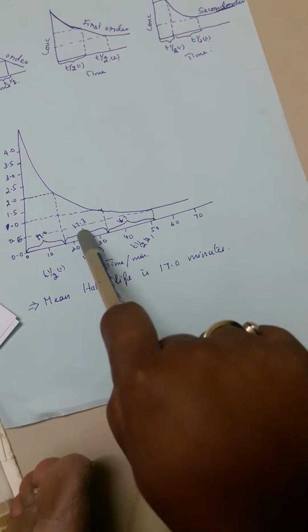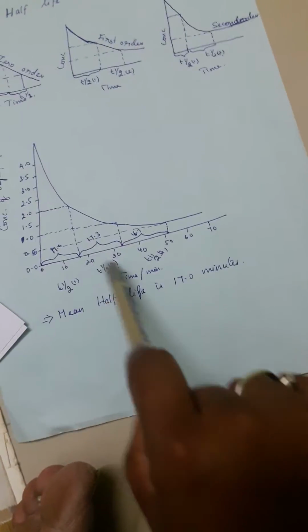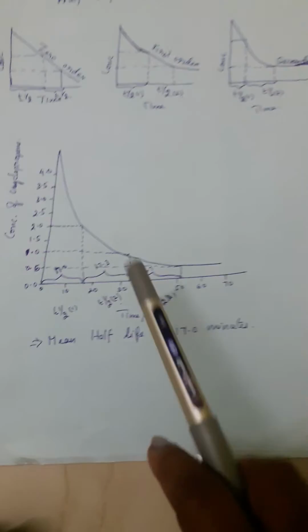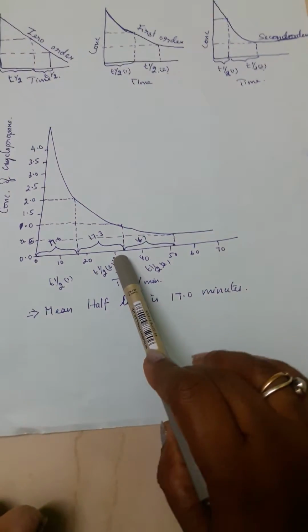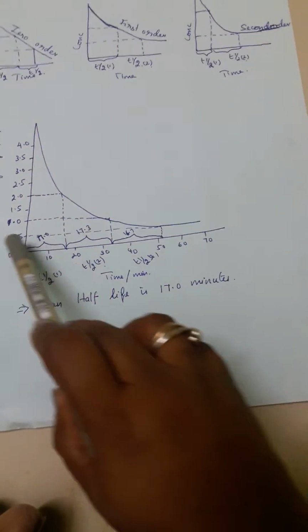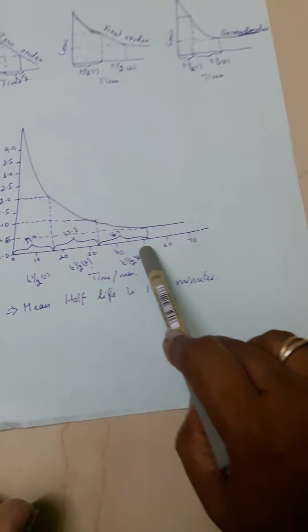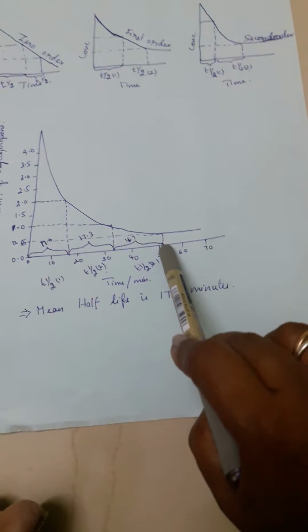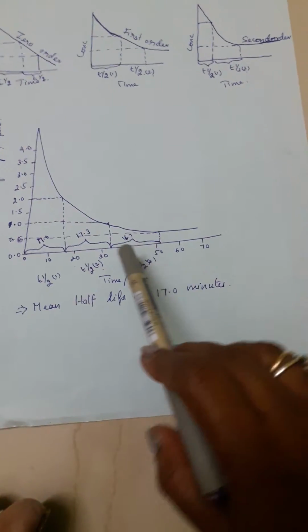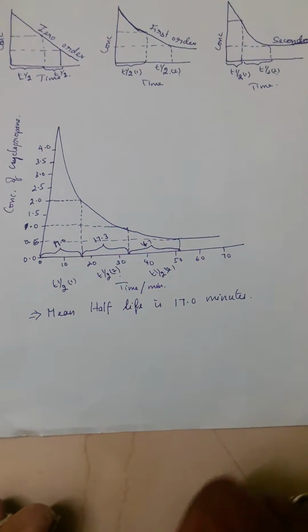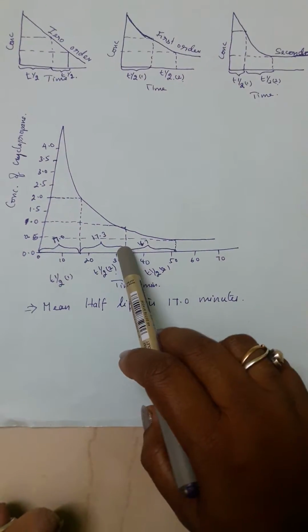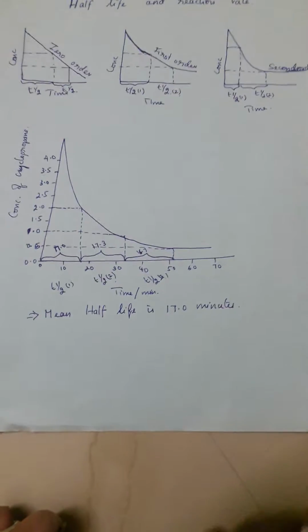So 17.3 is the second T half. And the third T half is 34.3 to 51, it takes for 0.5, right? So when it reaches over here, it is 51, and the T half value is 16.7. So 17, 17.3 and 16.7.